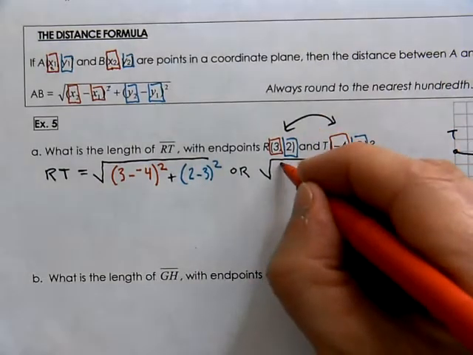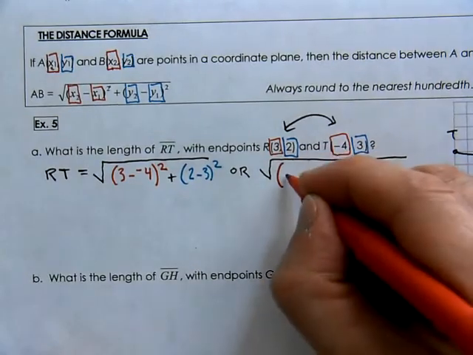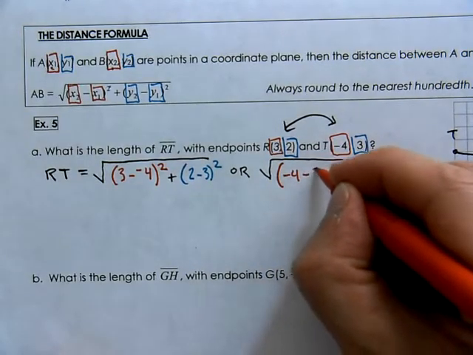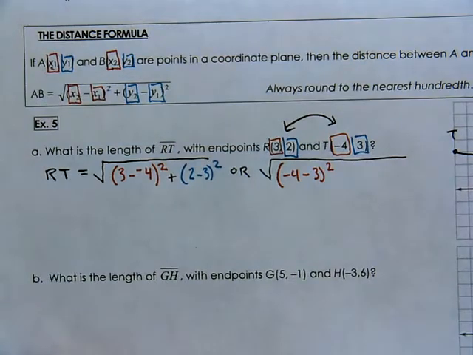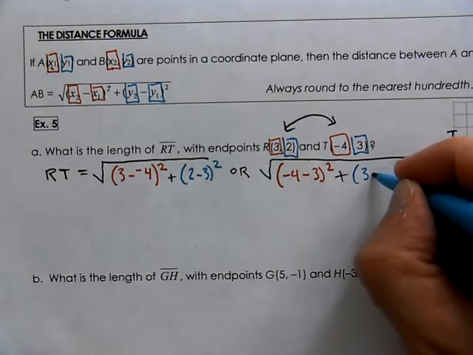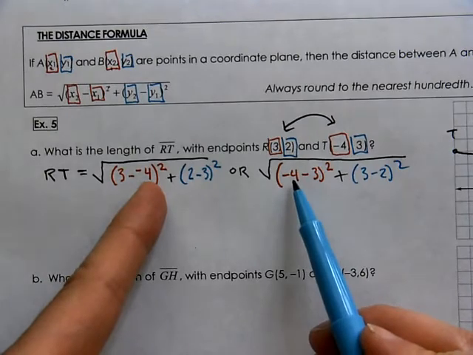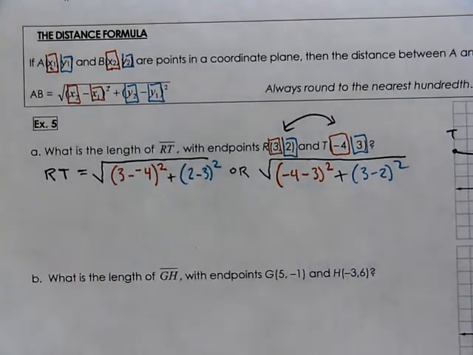So we could have, again, here's the x coordinates of 3 and negative 4. We could have said negative 4 minus 3, quantity squared. And then for the y coordinates we have a 2 and a 3, so 3 minus 2, quantity squared. So it doesn't really matter whether the negative 4 is in back or in front, as long as you are consistent with how you set this up, and it'll work out just fine.